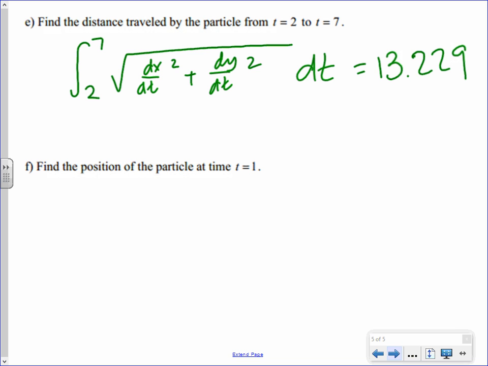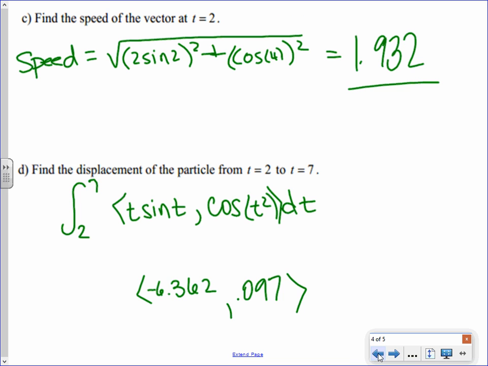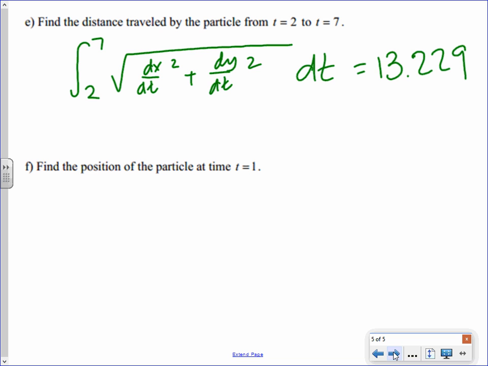If we have to find a position, what does that mean we need to do? Okay, now you guys are saying antiderivative. Now we already talked about, can we take the antiderivative of cosine of t squared? No, we need the help of our calculator. So let's remember the fundamental theorem of calculus.